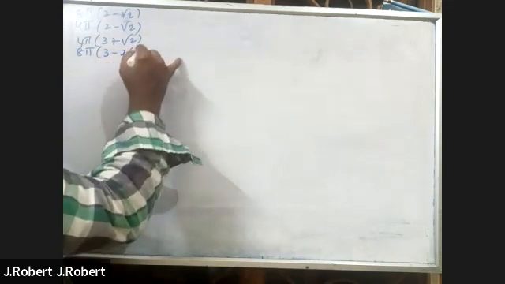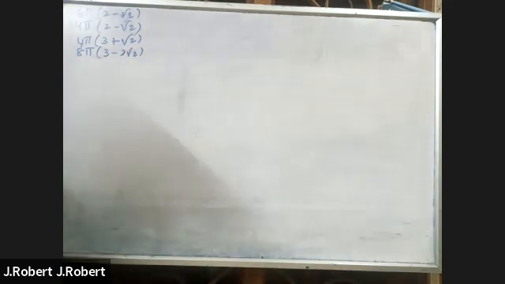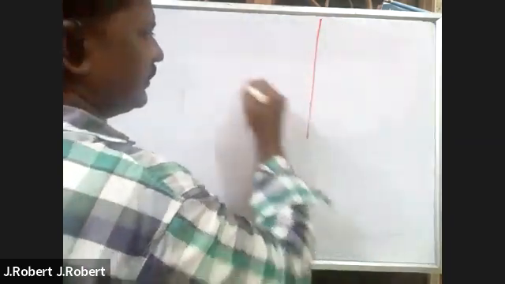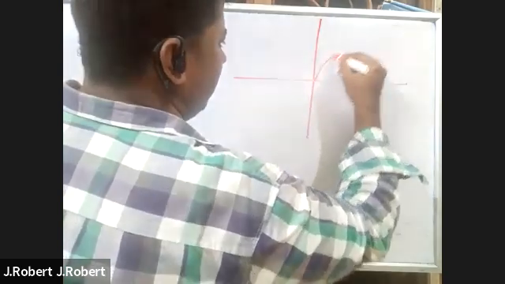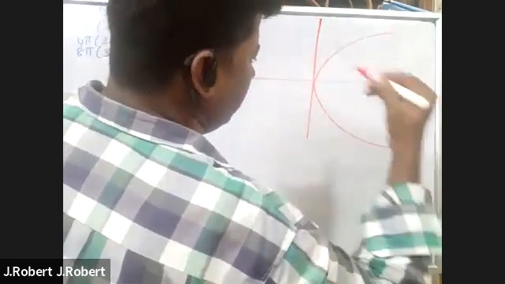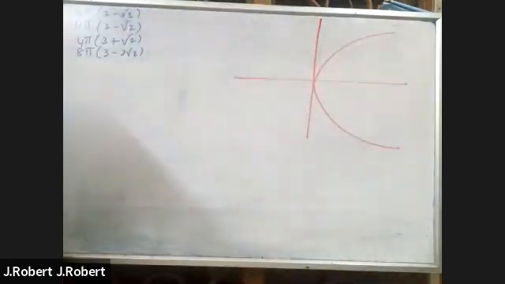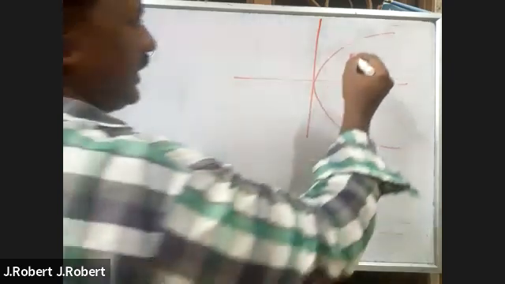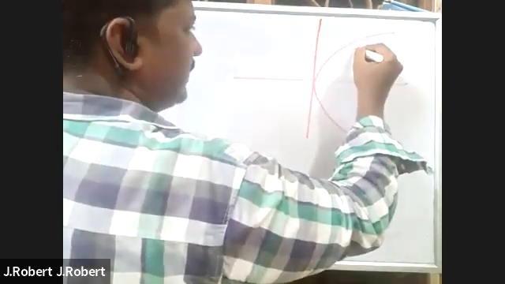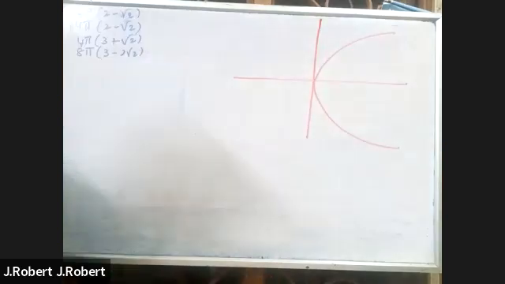So these are the 4 options given. In the parabola, one circle touches the parabola and also the x-axis.